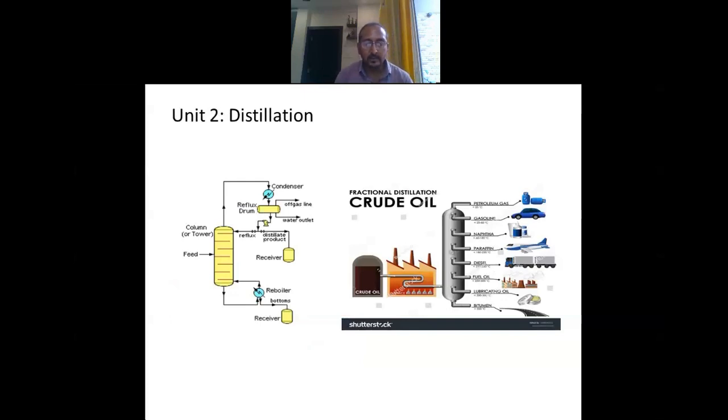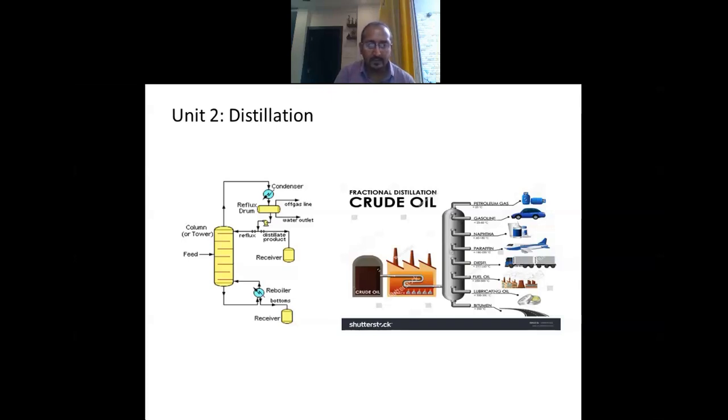Second unit is distillation. Distillation is a very important unit operation in mass transfer operation, or the most important unit operation. Distillation is the separation of a liquid mixture into its components by using difference in vapor pressure.